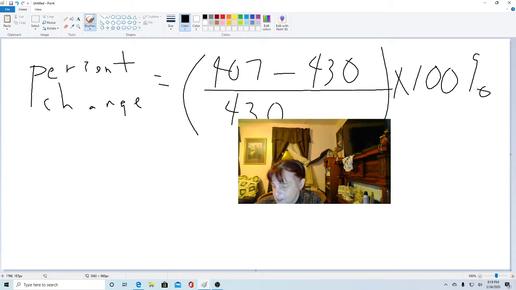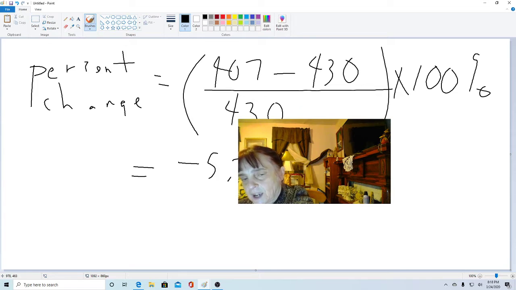Okay, 407 minus 430 divided by 430. You subtract 430 from 407 first, and then you take that number and divide it by 430. And you should get negative 5.348 times 100%.